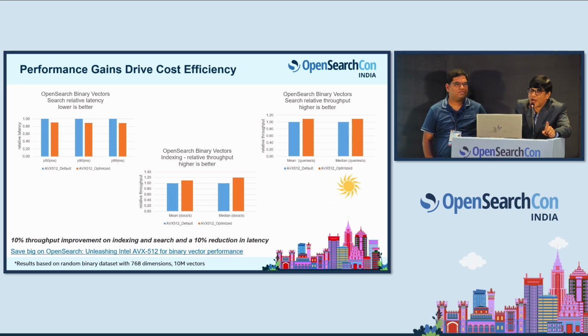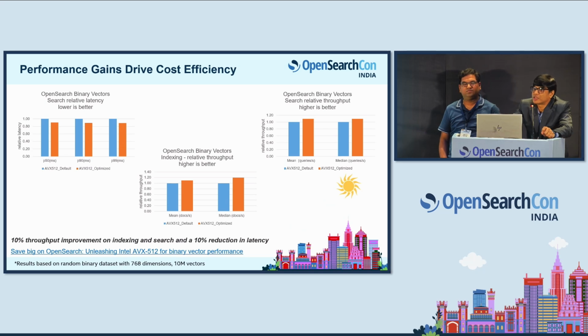Now I talked about how Hamming distance with the help of AVX-512 can drive cost efficiency. Here are a few data points we worked on with the AWS team. Our team at Intel works with the AWS team to make sure these are validated. In vector search, how do we monitor performance?